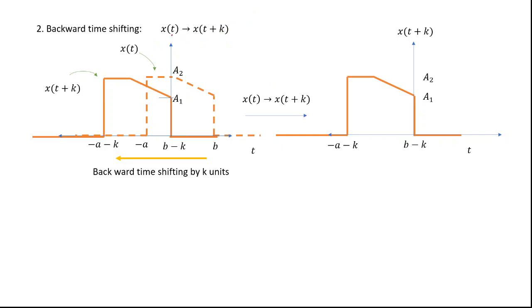In this case, if the t is shifted to t plus k, then the signal shifts backward by k units. Here you can see the signal transformation is with respect to time in the leftward direction. So this is called the backward time shifting.